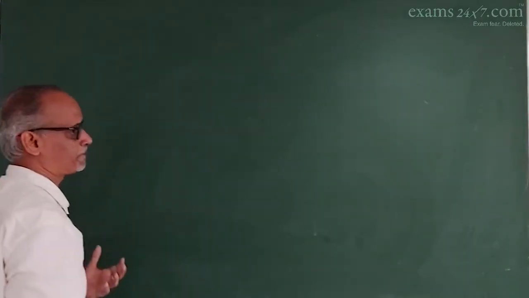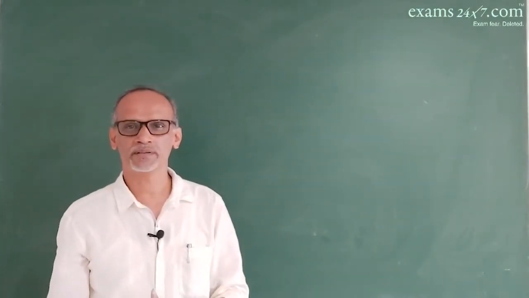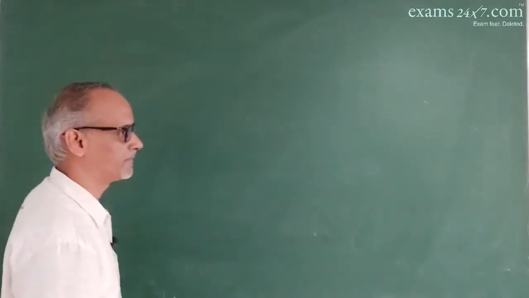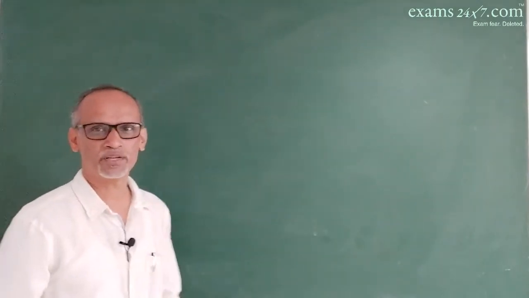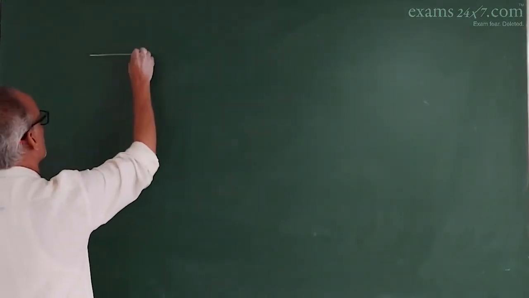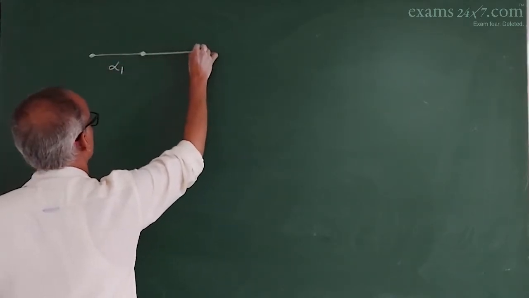So just like finding effective resistivity of materials in series and in parallel, we can even find the effective value of the temperature coefficient of resistance when two wires have different values of alpha.